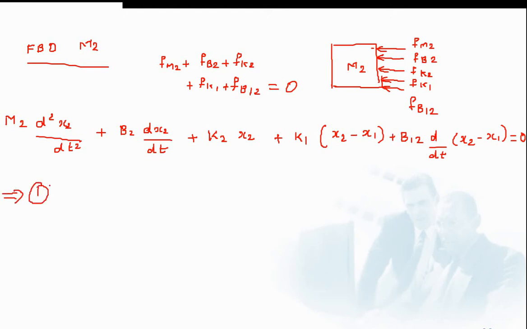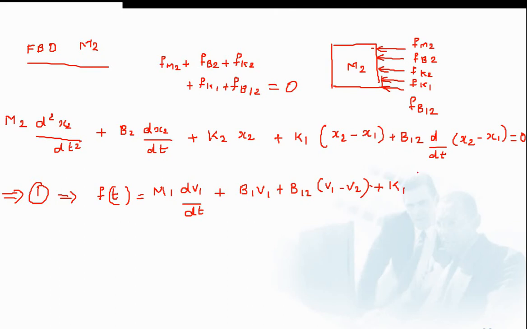The first equation will be f of t is equal to m1 dv1 by dt plus B1 v1 plus B12 into (v1 minus v2) plus k1 into integral of (v1 minus v2) dt.